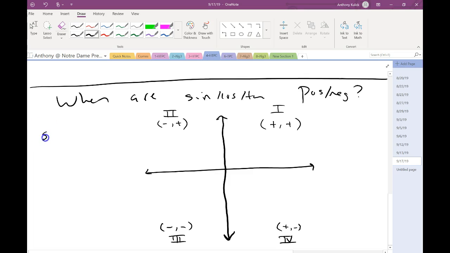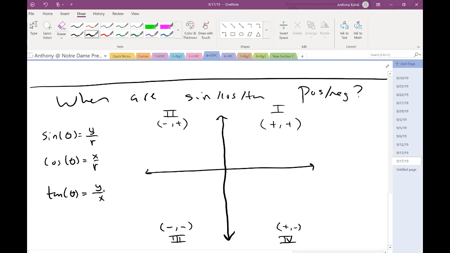Now, last time we met, we talked about how we can rewrite sine as y over r, cosine as x over r, and tangent as y over x, where these x and y are the coordinates of the point on the terminal side of our angle. And r, what was r again?